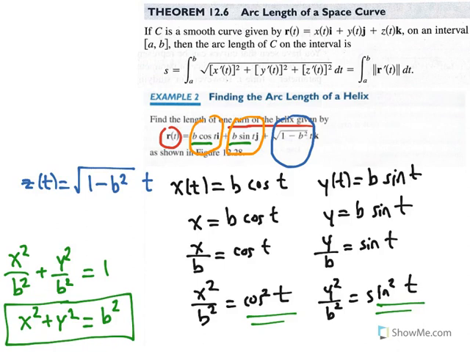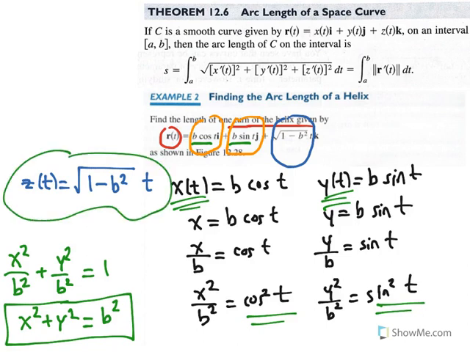And for a particular value of t, you're going to get an x coordinate and a y coordinate, which will be somewhere on that cylinder. But where on the cylinder? Where on the cylinder is determined by the z coordinate, if it's going to be above the xy plane or below the xy plane, depending on the value of t.